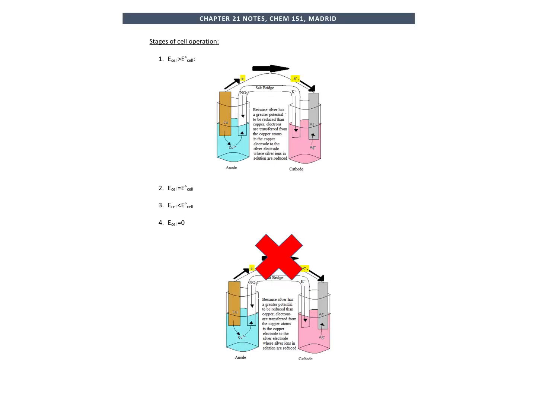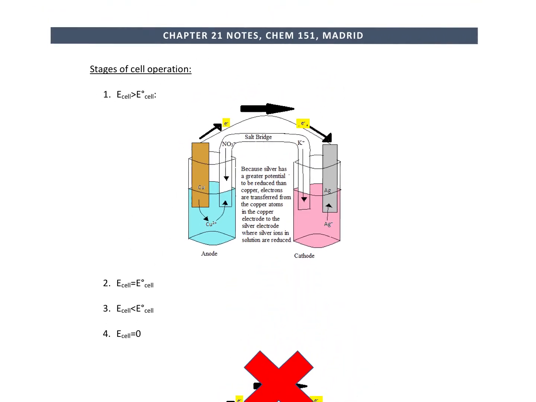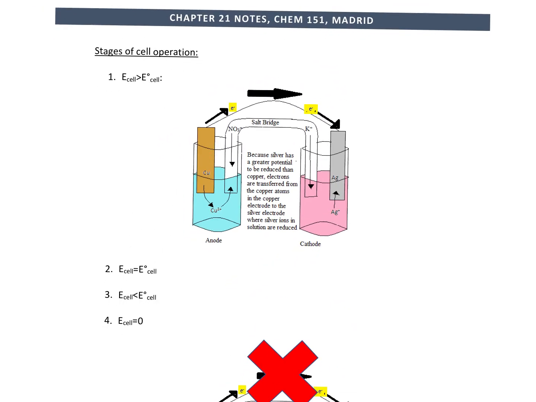Okay, here's a visual of what is happening during a cell operation, or as a battery is working. At the very beginning, the cell potential is much greater than the cell potential at standard state, so it's very spontaneous. The electrons are moving from the anode to the cathode. Here's my little salt bridge that allows ions to transfer into the electrolyte solutions to balance out the charges.